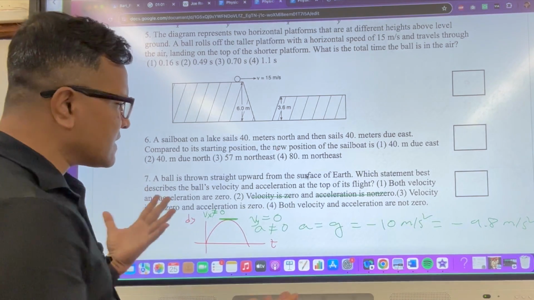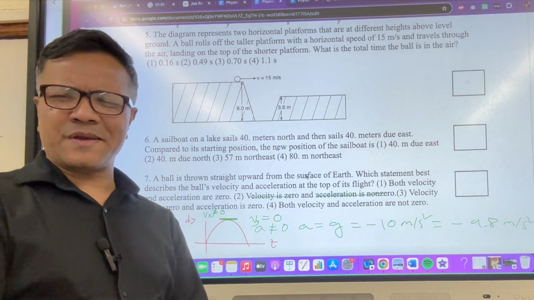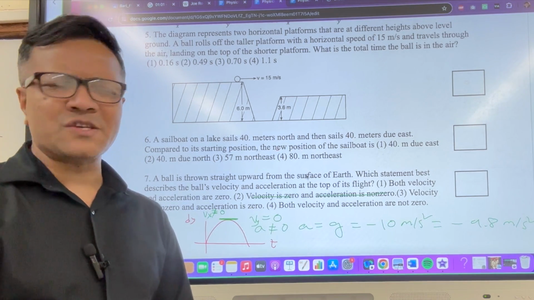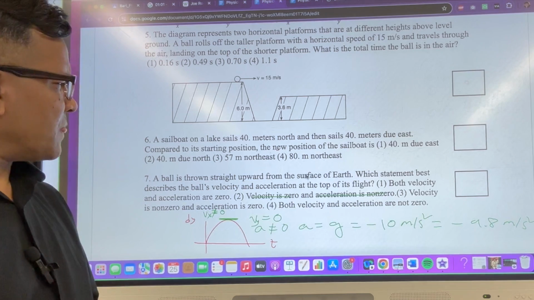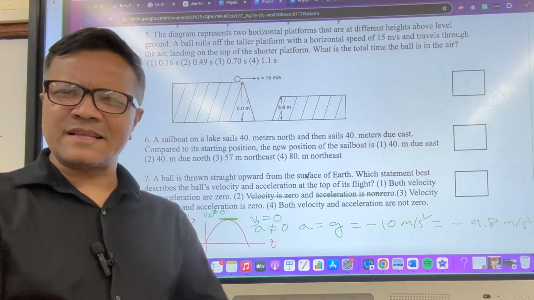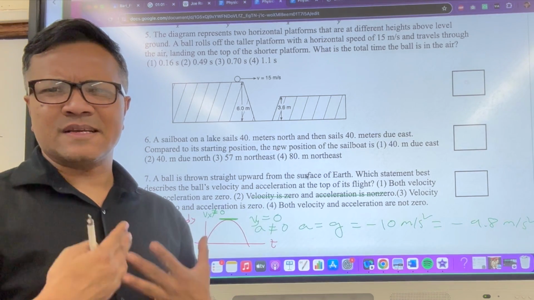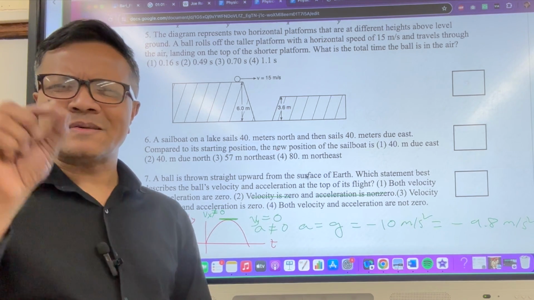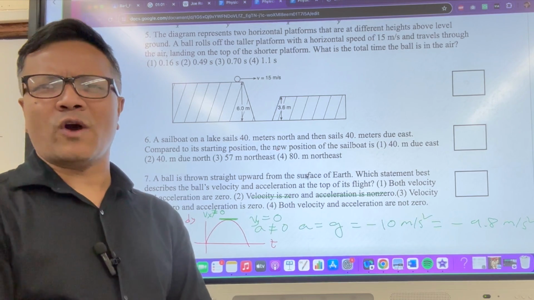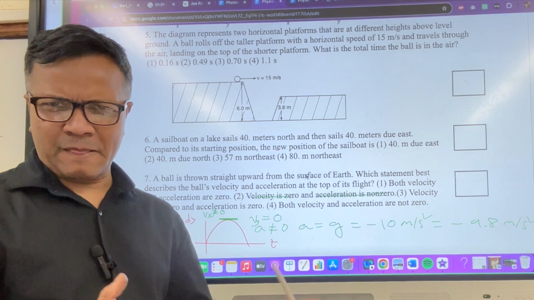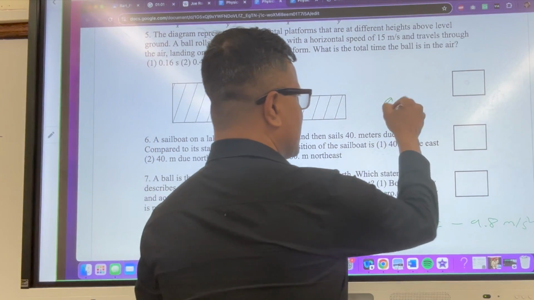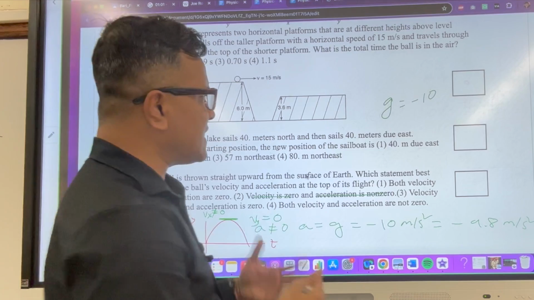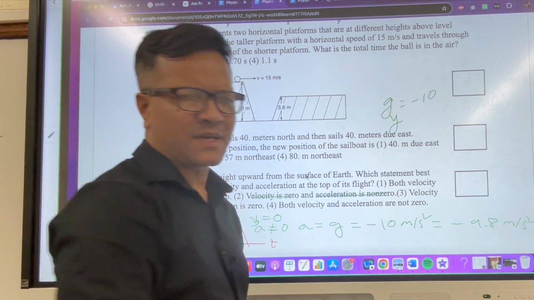But since they are trying to generalize it, you have to be careful and make sure that you know what they want you to know, and that is when they say velocity is 0, they mean velocity at the y component is 0. Okay, when you say g is equal to negative 10, what you mean is g in the y direction is negative 10.